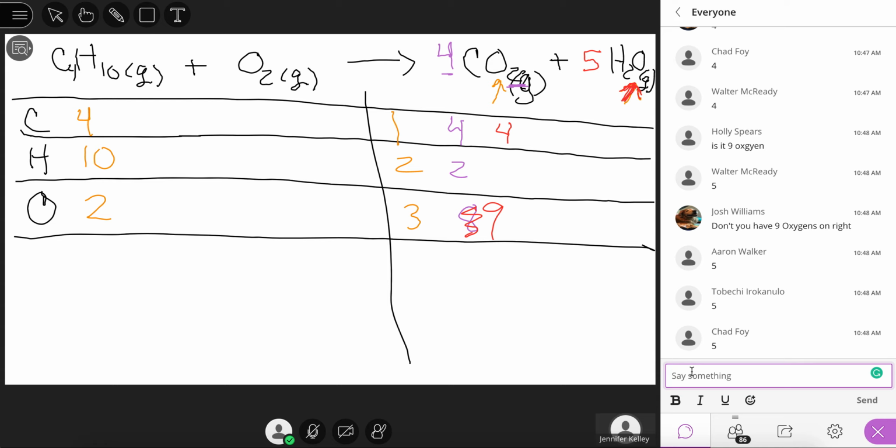Okay, so you've got 4 carbon, and then 10 hydrogen, and then you've got 8 oxygen over here, and 5 oxygen over there, and so that would be 13.